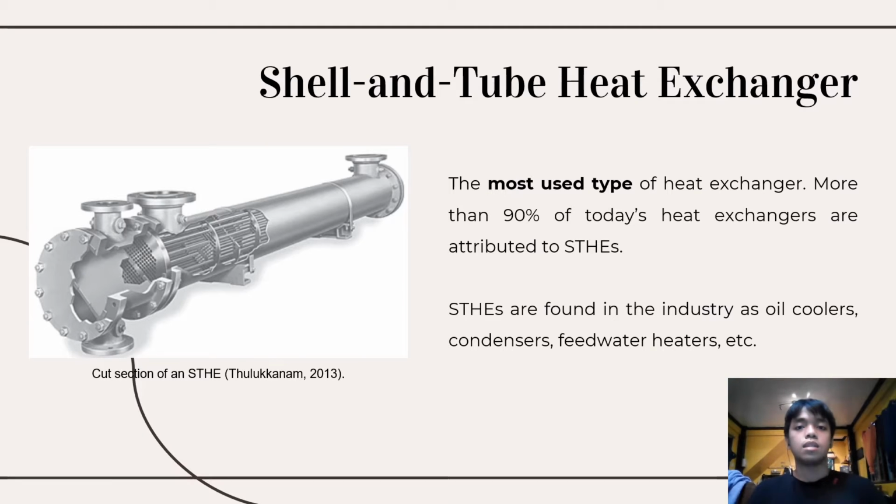Following the decades, the steady increase in use of STHEs demanded higher accuracy in performance prediction and thus an increase in research and development activities. This does not only include shell side flow, but also computations on the true mean temperature differences and strength calculations on construction elements, making STHEs the most fabricated type out of all of them.